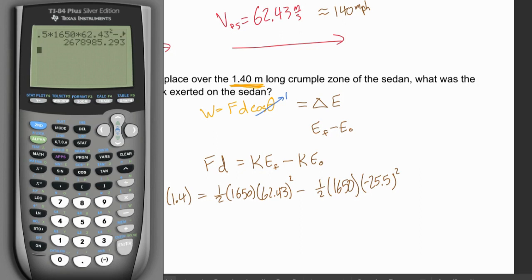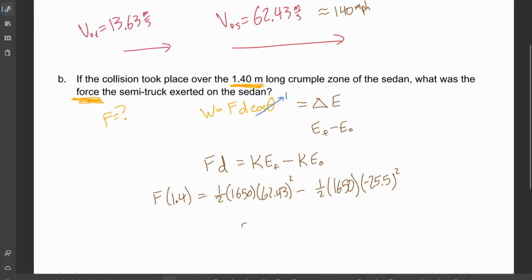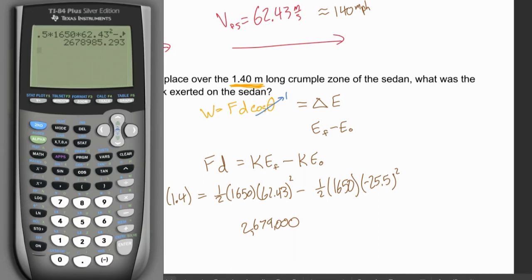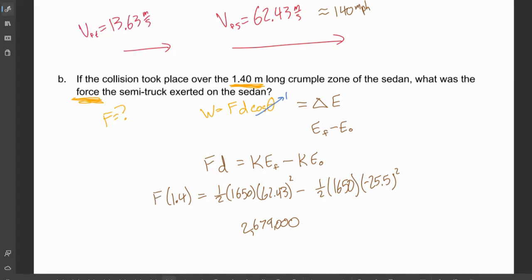But that means on the right side, I get 2,679,000. Just making sure I counted those correctly. Yes. And then on the left side, I get 1.4 times the force.